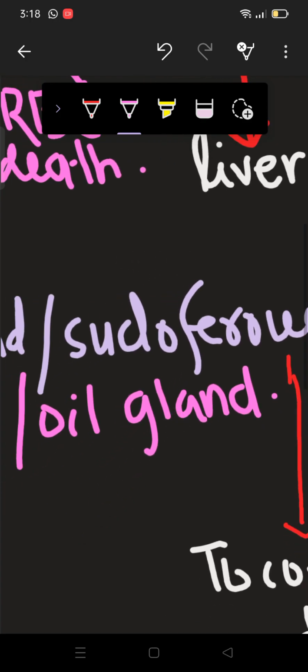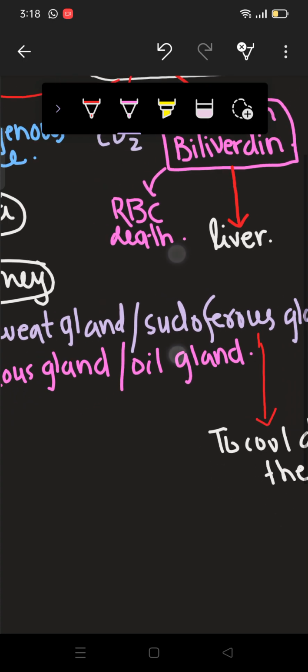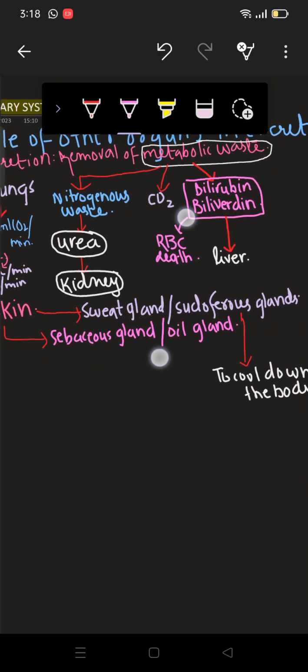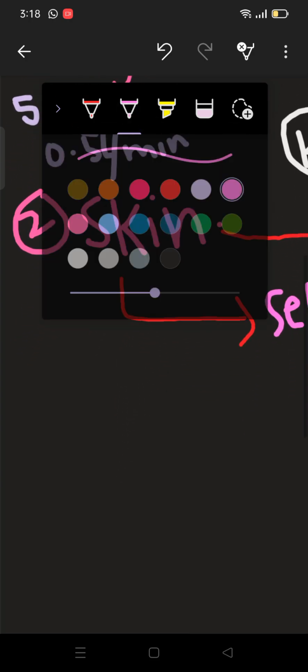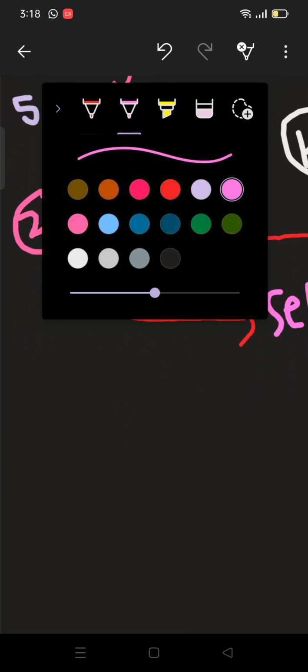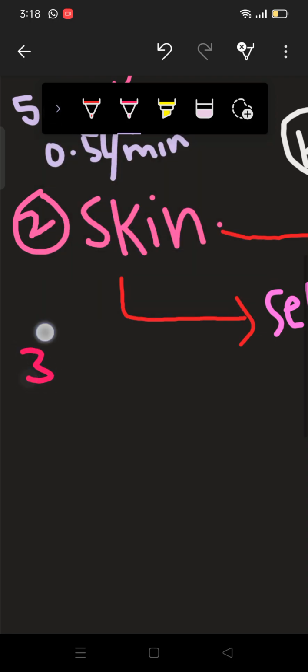It is an oil known as sebum or sterols. Now we have the third one, which is saliva.